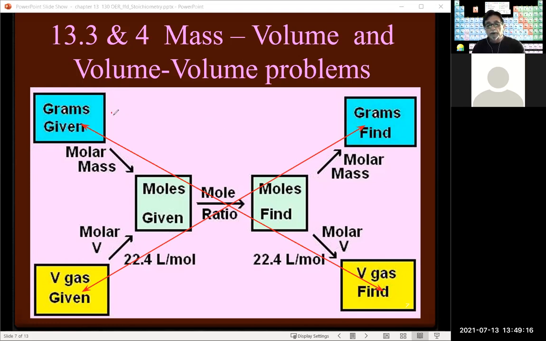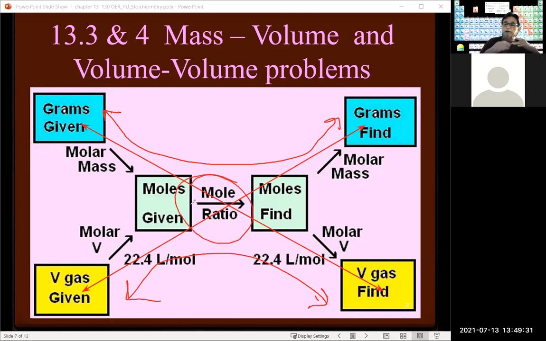Or you can just go like we've been doing right through here. This scenario, okay? Or you can go the bottom scenario. Either way, the point is you've got to go through moles, plain and simple. You got to get through moles to get to anything from anything.